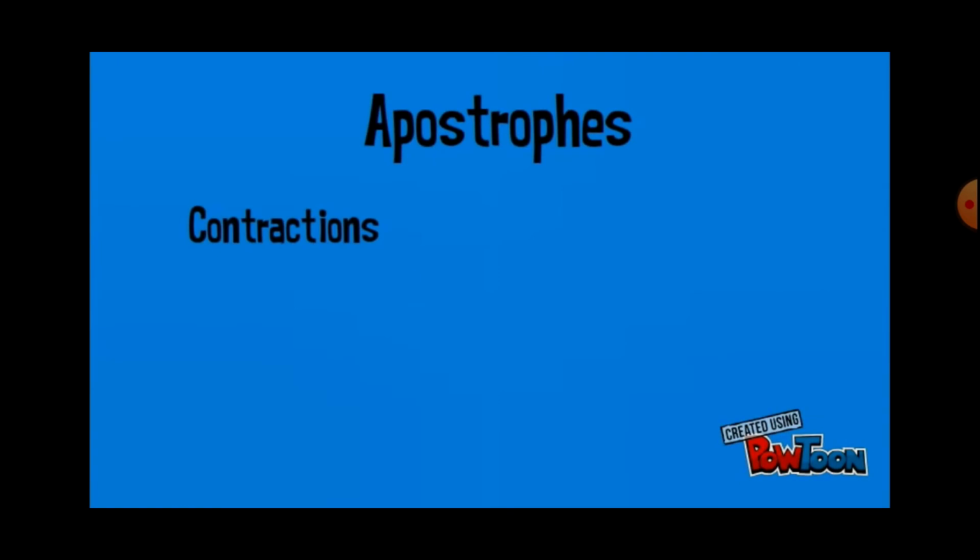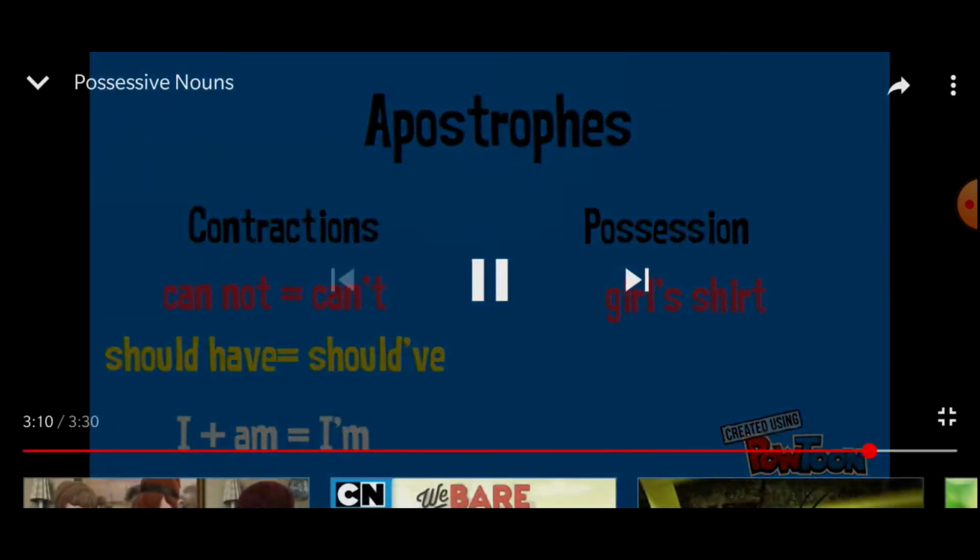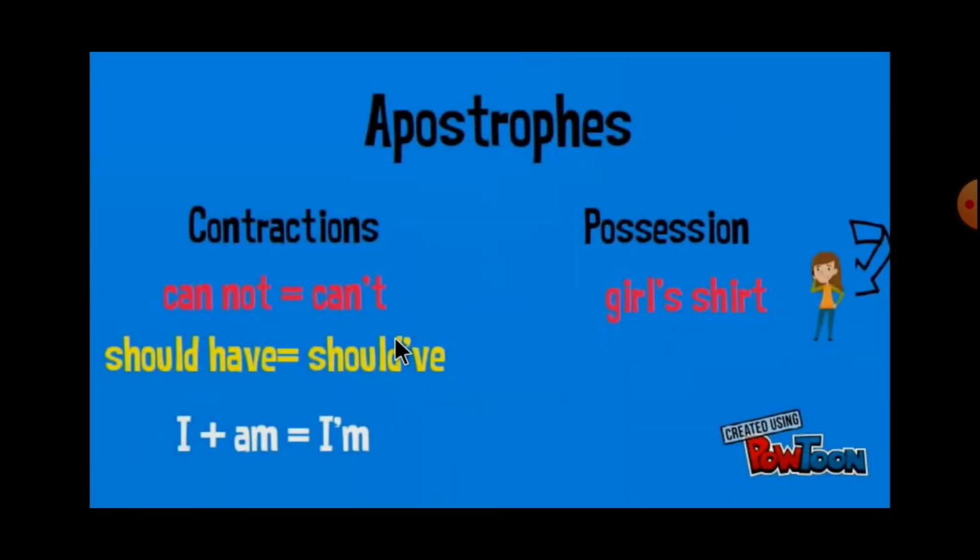Apostrophes can be used for contractions. Cannot is can't. Should have is should've. I am is I'm. Apostrophes can also be used to show possession. This is the girl's shirt and the boy's hat.